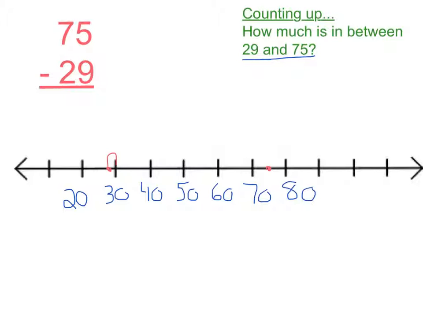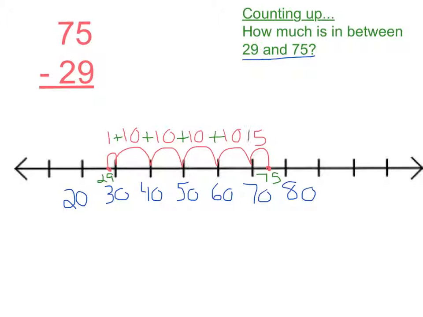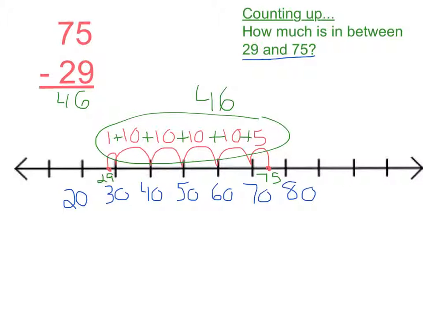First, let's jump to the first tens. We would just jump 1, and now jump by tens. So that would be 10 plus 10 plus 10 plus 10, and then we would have to jump 5 more to 75. And then add up how many you jumped from 29 to 75. So 1 plus 10 plus 10 plus 10 plus 10 plus 5 is 46. So the difference between 75 and 29 is 46.